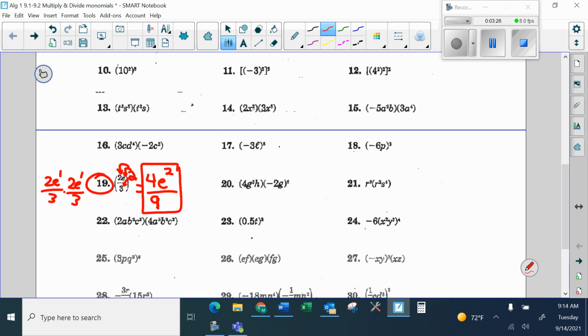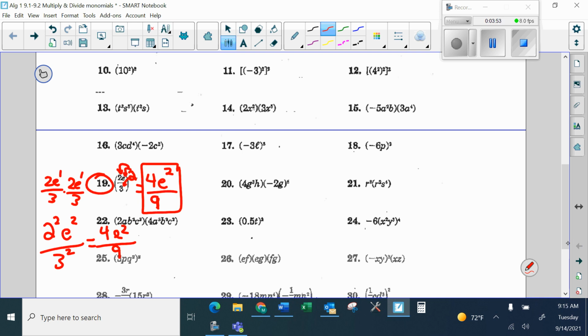So there's just our final answer right there. Okay. So if you weren't to write it out like that, the other way is to distribute the 2 through there. And so you write 2 squared e squared over 3 squared. And then I would get the same answer, 4e squared over 9. So you can do it either of those two ways.